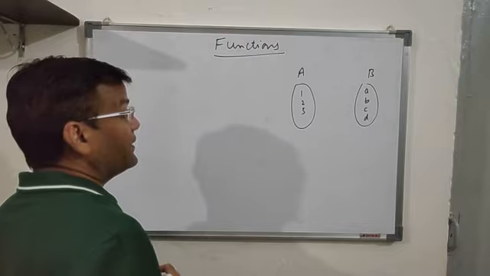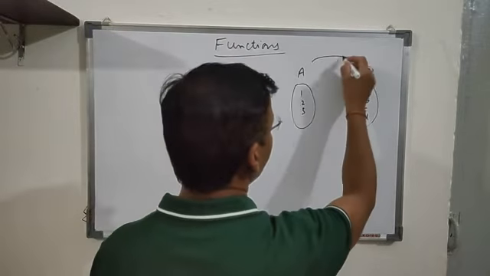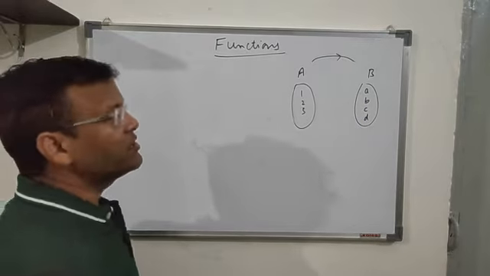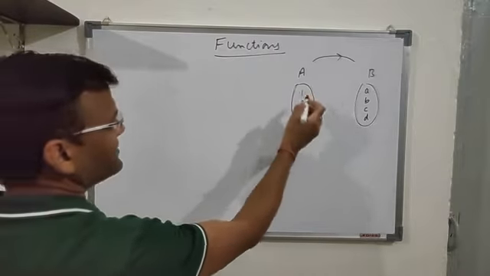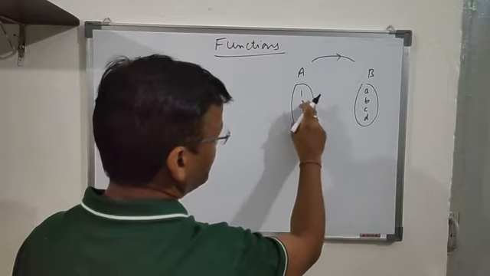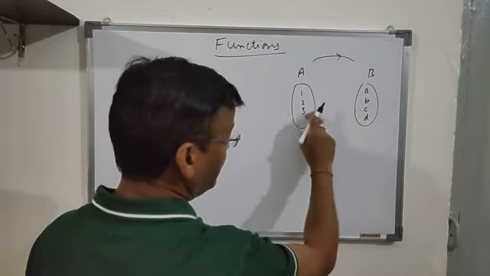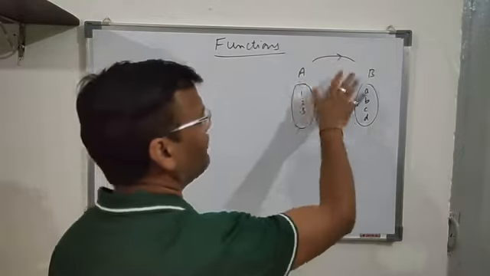If I write a relation from A to B, it is a subset of the Cartesian product A cross B. The elements of A cross B are 1a, 1b, 1c, 1d, 2a, 2b, 2c, 2d, and 3a, 3b, 3c, and 3d. So this is the Cartesian product of A and B.